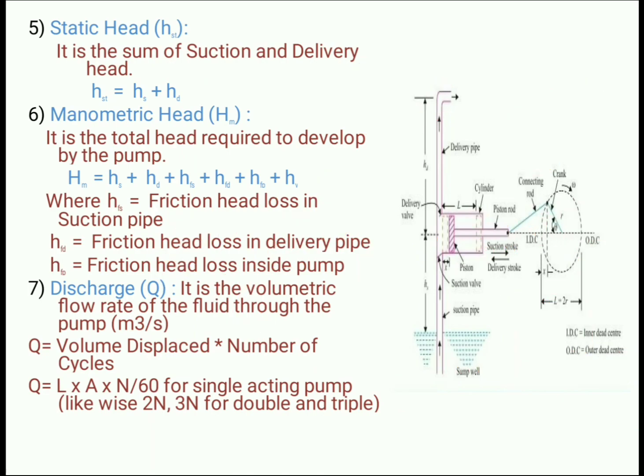So if we see this formula, the crank is rotating with some RPM, that is the number of revolutions per minute, capital N. A is the cross-sectional area of the pipe, and L is the length of the cylinder, or it can be considered as stroke length, that is the displacement of the piston from one end to the other end. Now discharge can also be considered as volumetric flow rate, that is how much volume of liquid is transferred to the delivery pipe each second.